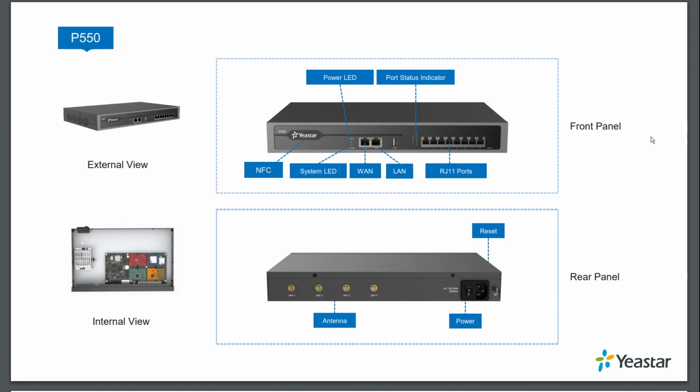Then next to it is going to be the system LED. This is going to be the indicator. This indicator just tells you what is going on with your system working status and your power status. All right, pretty simple. Then we have WAN port, we have LAN port, 2 interfaces for Ethernet connection. Then on the right side here will be your analog interfaces, RJ11 ports.